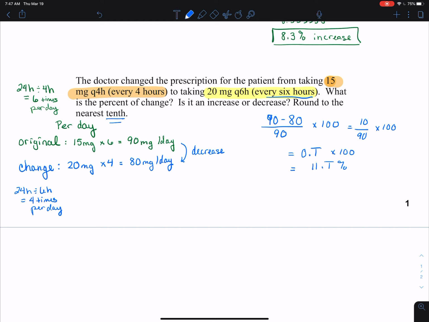Notice they told me to round to the nearest tenth, so that tenth is going to stay the same because the 1 in the hundredths place tells me to leave it alone. So I'll say that it's about 11.1% decrease.